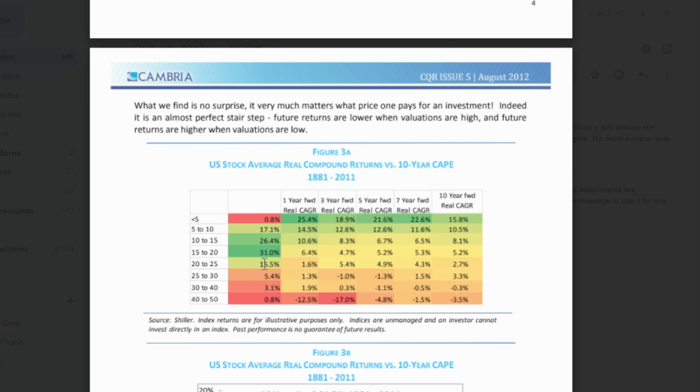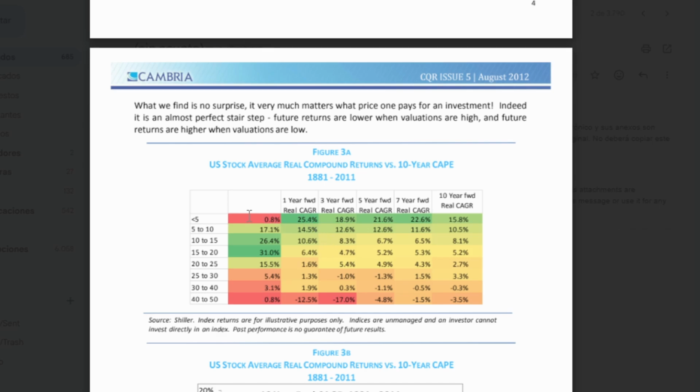For a reading between 15 and 20, you have 31% chances. So today, if we are in the 40s, this is a very rare situation. It's not common at all.